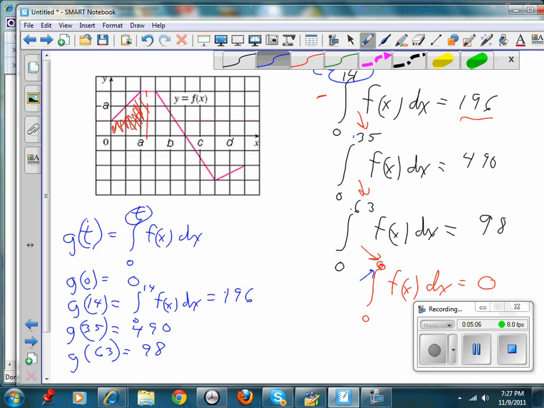So, I mean, I could plot this as a function now. What does a function do? It takes in an input value, gives me an output. So if I wanted to plot this here in red, the scale's different, okay, but at 0, it's equal to 0. At 14, it's equal to 196, and we'll say this is 196.